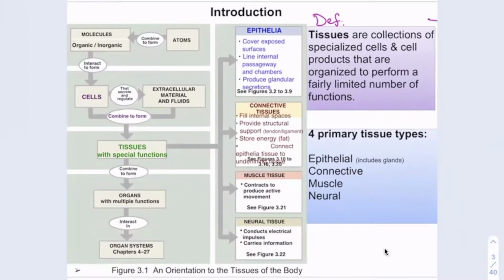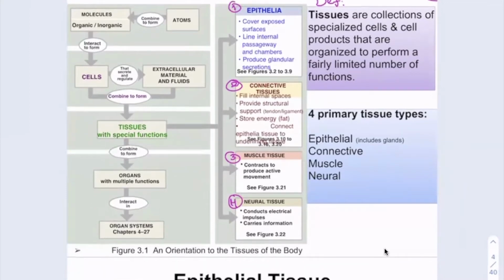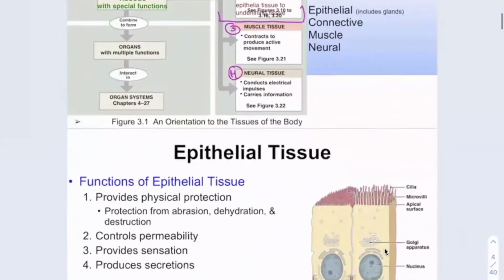That would be the cell products that surround them. And again, they're going to be epithelium, connective, muscle, or neural. You do need to know the primary tissue types, and you need to know basically what each of the 4 does specifically. And then we're really going to get into identifying and understanding epithelial tissue and connective tissue.